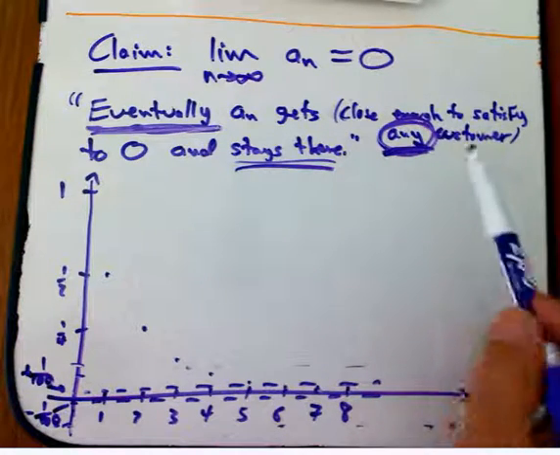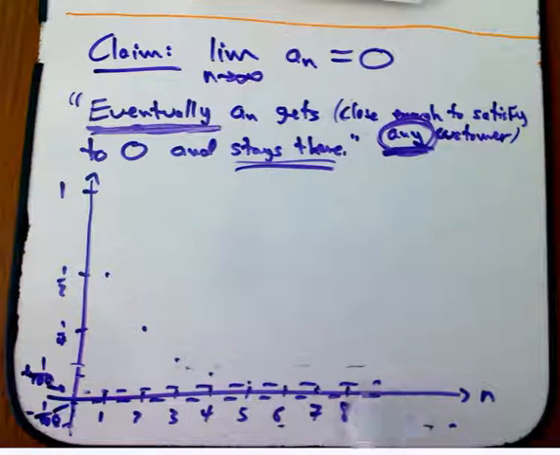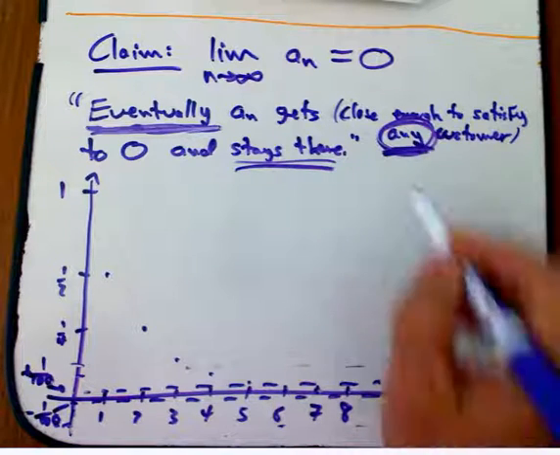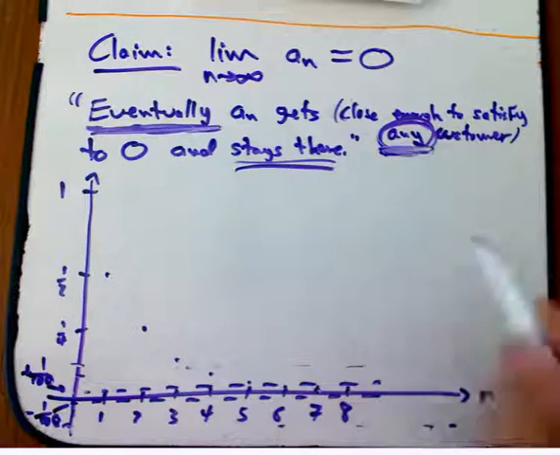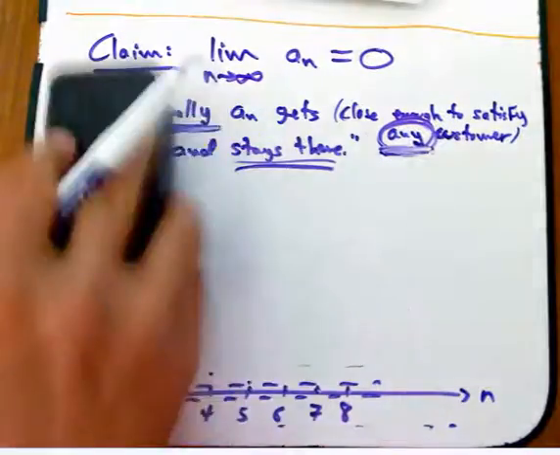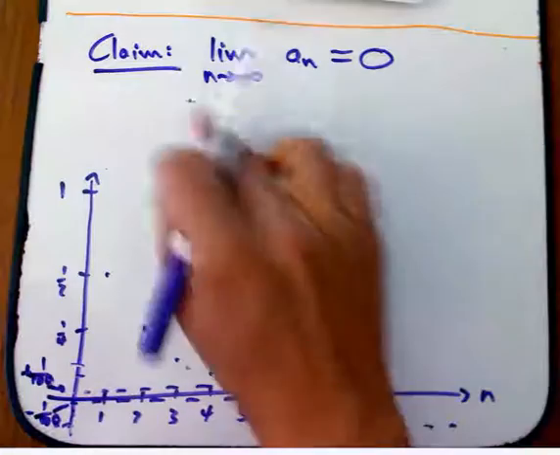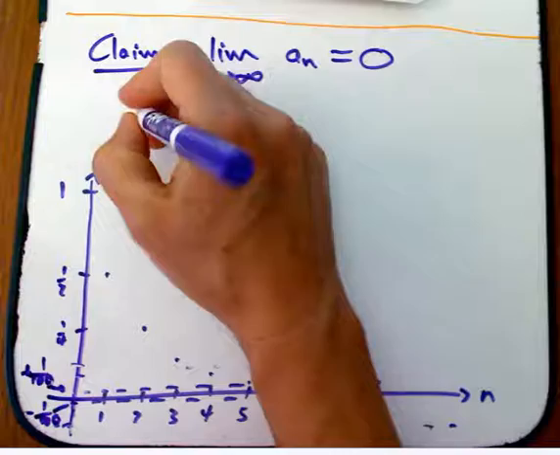Can we satisfy that customer by going far enough in the sequence to get inside their little bounds? And can we prove that? And then the key is, can we keep doing that no matter what customer ever shows up at our doorstep? So I think we're ready for the actual definition. Try to keep that picture. Okay. So here's the definition.